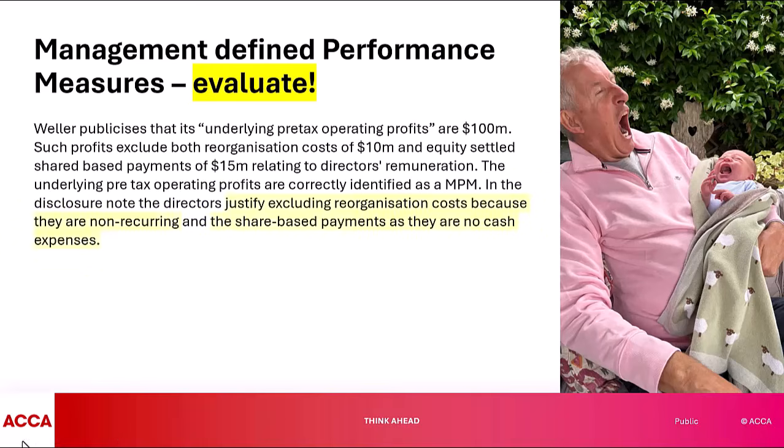Do you agree and understand why the directors have excluded the reorganisational costs? Now, they've excluded the reorganisational costs on the grounds that they're non-recurring, and they've excluded the share-based payments on the grounds they are not a cash expense. So let's put ourselves in the shoes and the heads of management and in the eyes of the investor. Does that make sense?